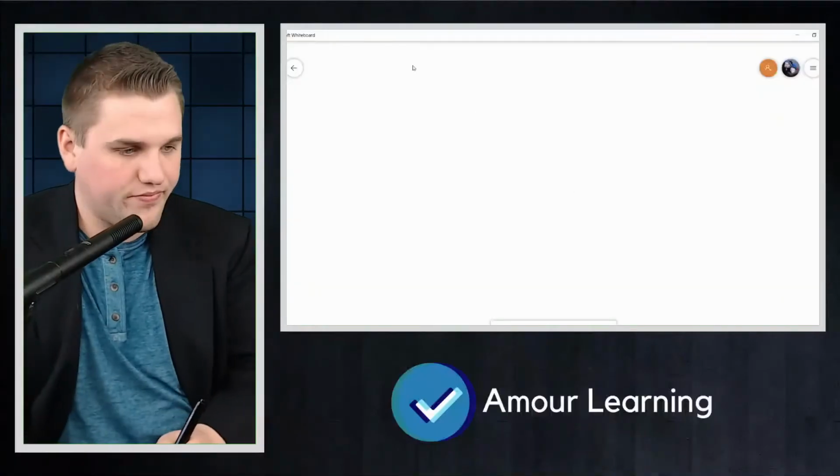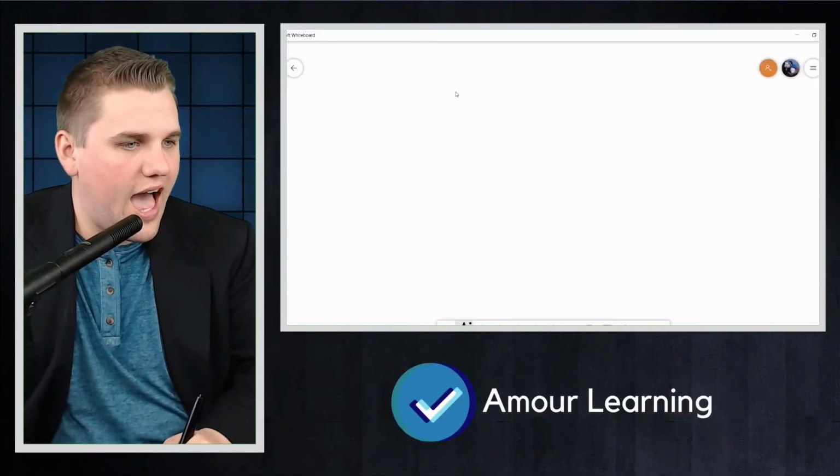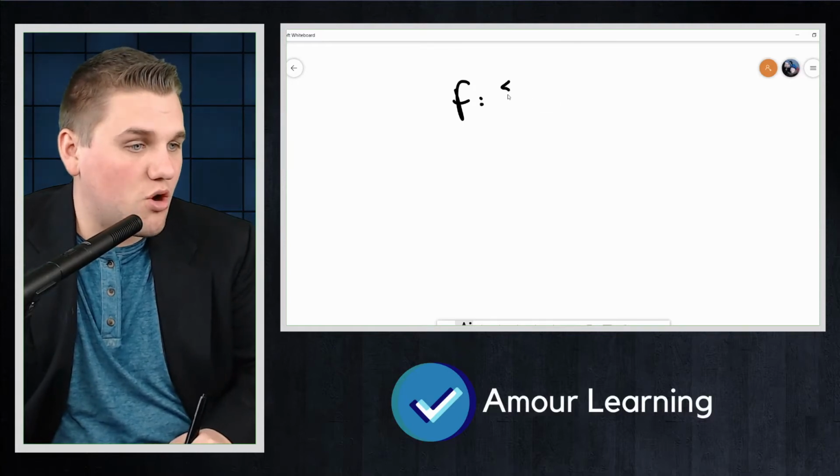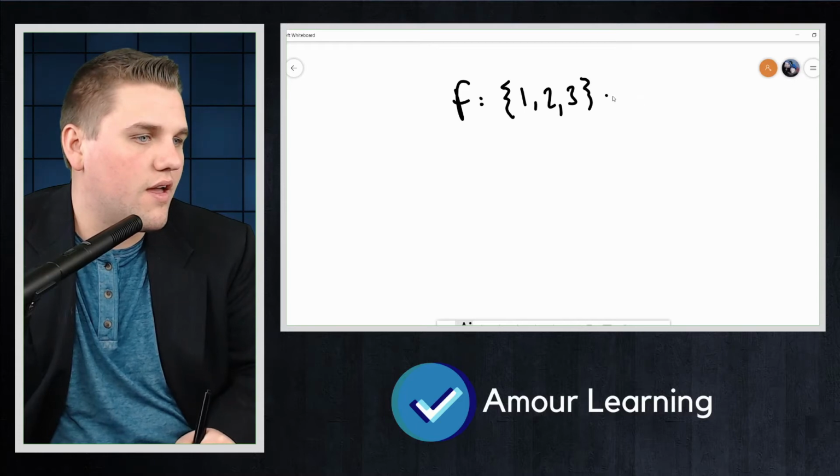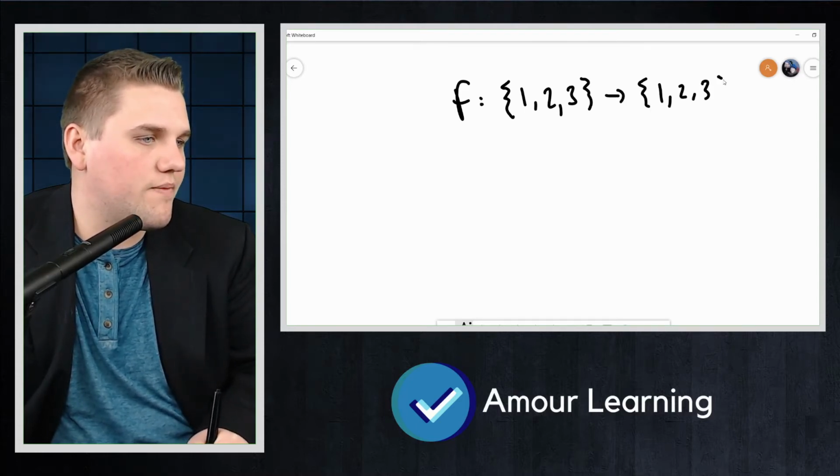Describing a function graphically usually means drawing the graph of the function, plotting the points on the plane. We can do this and we might get a graph like the following function. Let's say we have f, which has a domain 1, 2, 3, and a codomain 1, 2, 3.